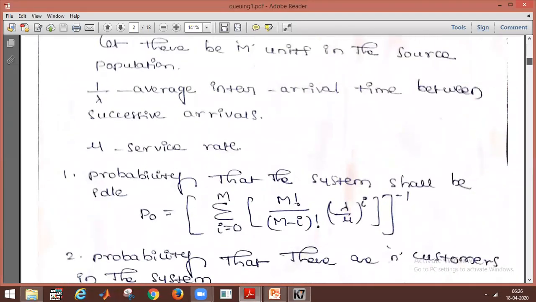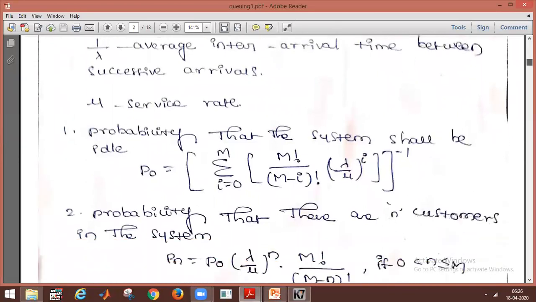In the second model, there is also a basic formula-based problem. Here, what are M, lambda and mu? M is the source parameter, 1 by lambda is the average time between successive arrivals, and mu is the service rate.